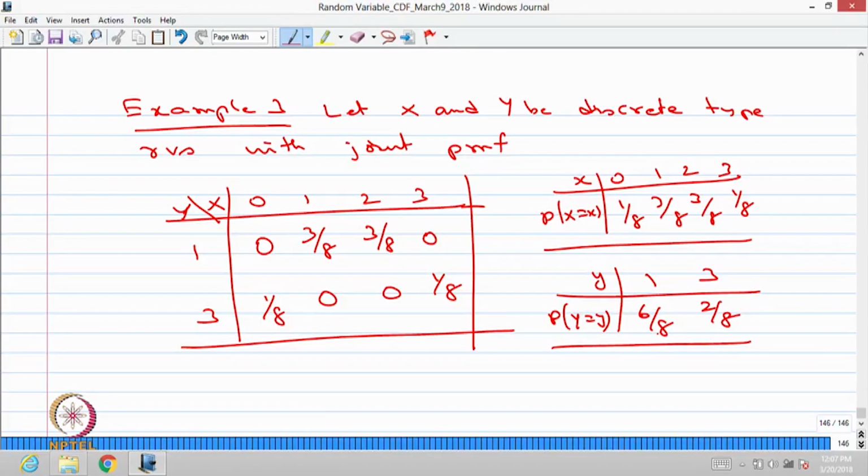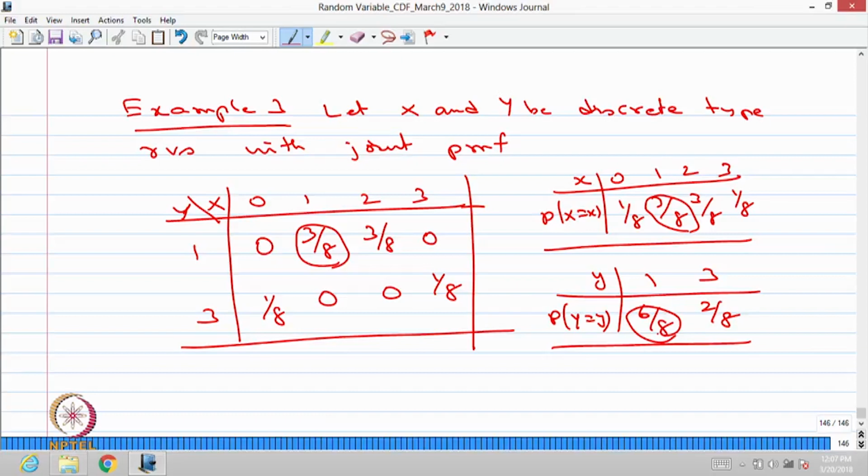Now, you can verify whether these two random variables are independent. Suppose x takes the value 1 and y takes the value 1, that probability is 3 by 8. If you take the product of the marginals, 3 by 8 times 6 by 8, that is not equal to 3 by 8.